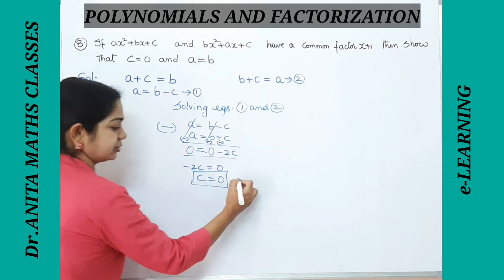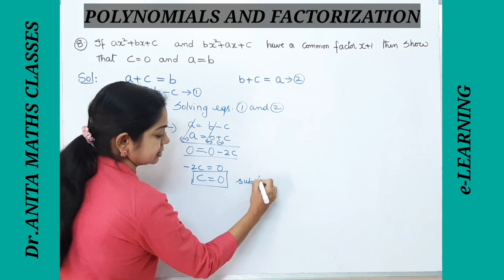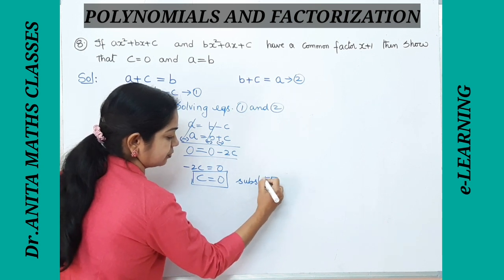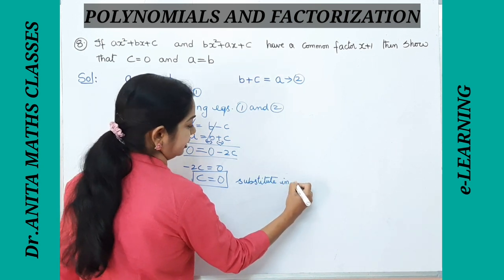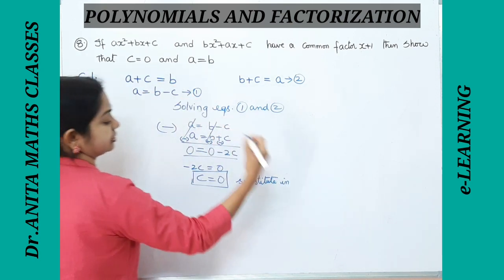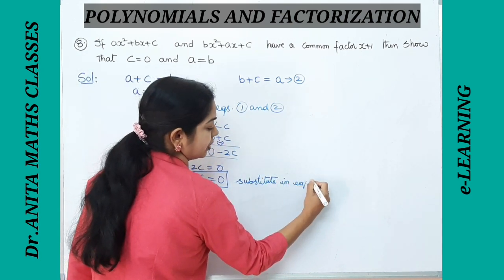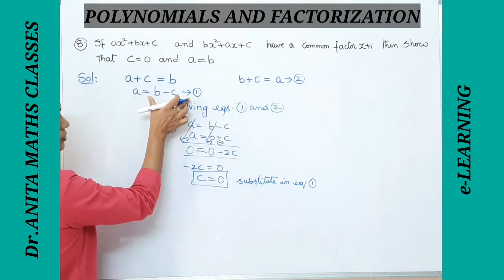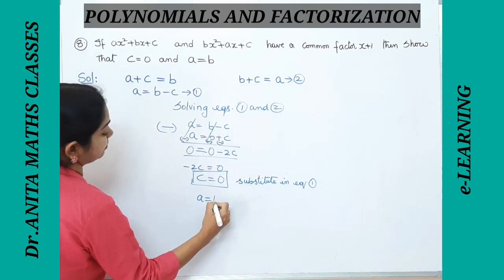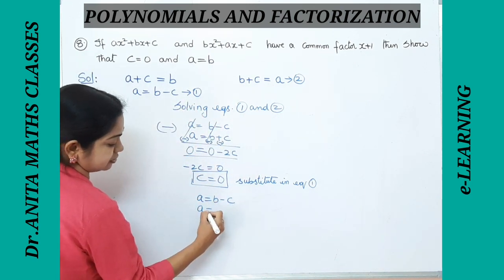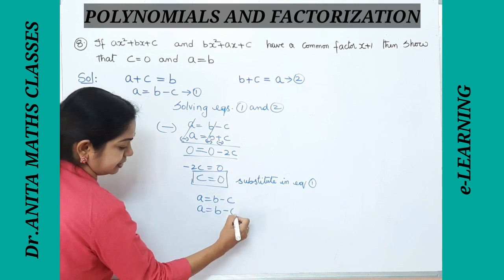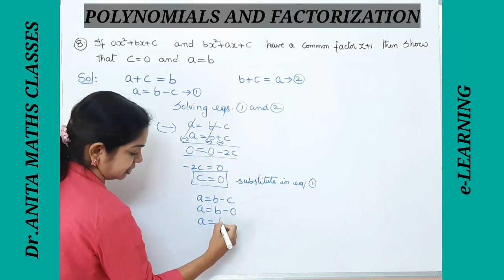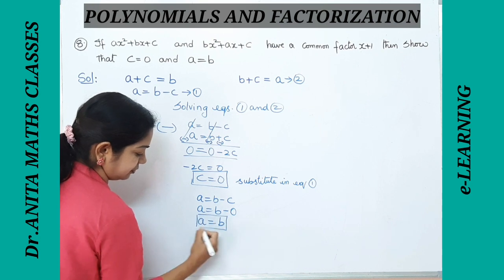So let us substitute c equal to 0 in equation 1, which is a equal to b minus c. So I'll substitute c value as 0, b minus 0. So a equal to just b. This is the condition we have to prove.